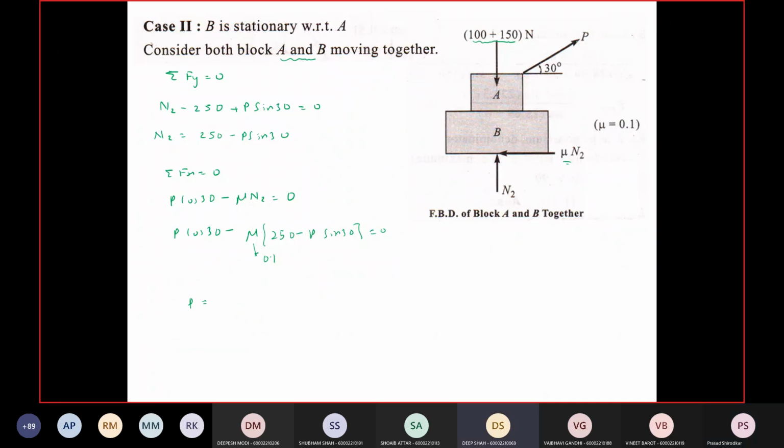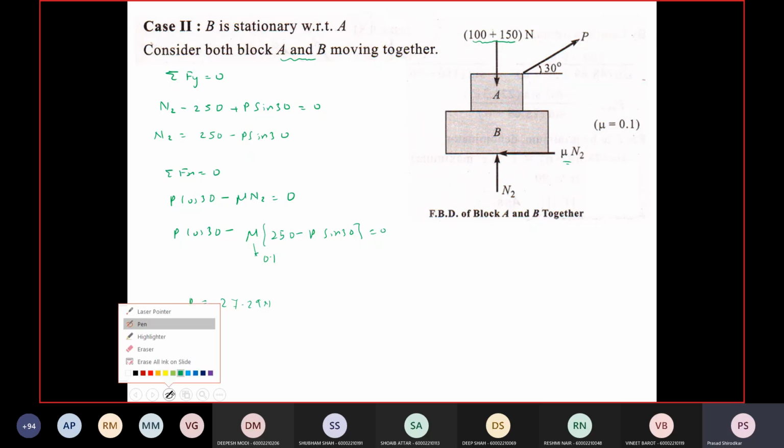N2 is 235.237. Which P? N2. And tell me the value of P directly. Okay, sir. So 27.29. You can see that in the second case it is less than the value in the first case.